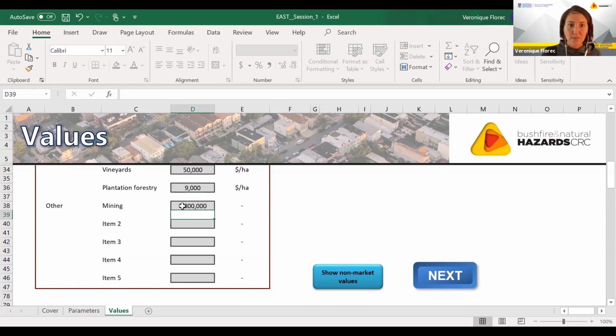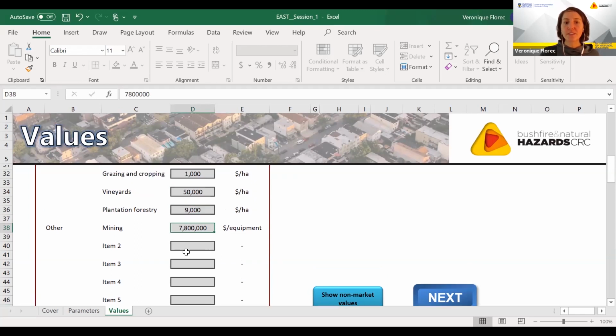So type 7,800,000, and this is the dollars for the equipment. I think equipment doesn't have an E. Or is it? Cool. So we've added a new asset.